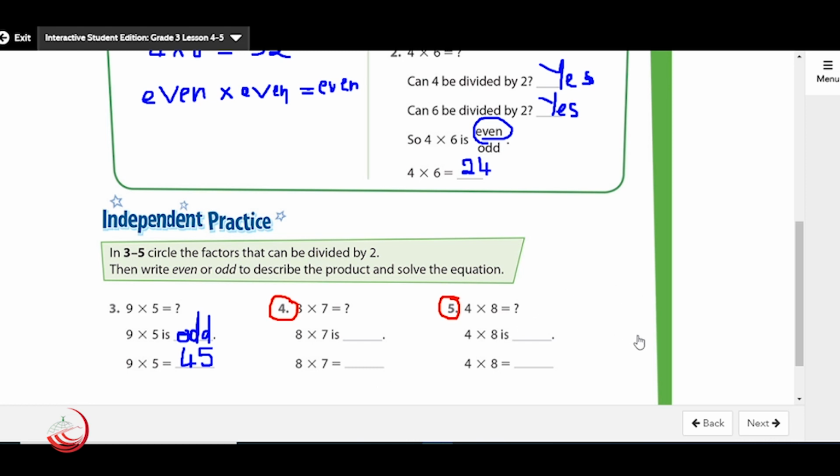We'll move to another thing right now. We'll go back here.